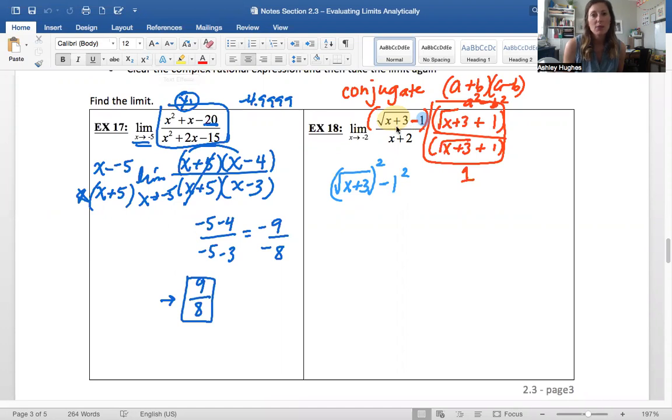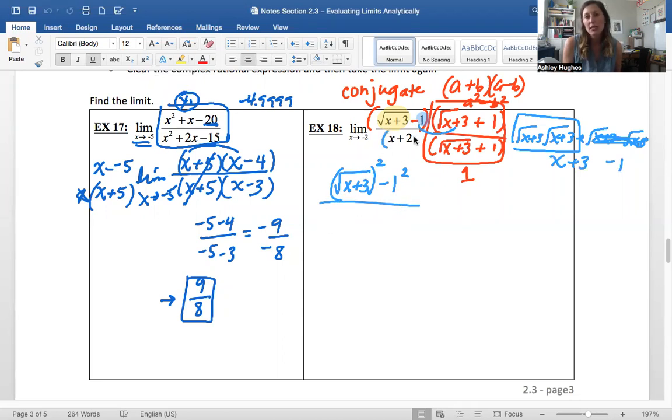That's the top. If you were to distribute it all out, I'm not going to write this out every time, but I'll show you if you're going to FOIL it. You multiply first, and then you would do plus the square root of x plus 3, and then it would be minus the square root of x plus 3. So these would go away, and then you get -1. And so then here, when you multiply this by itself, you just get x plus 3, which is what we're going to get here. On the bottom, you just write these things side by side.